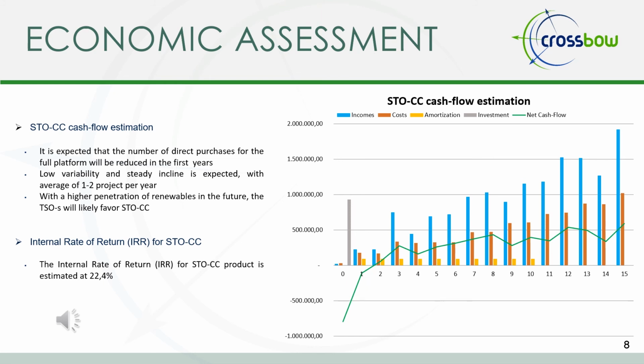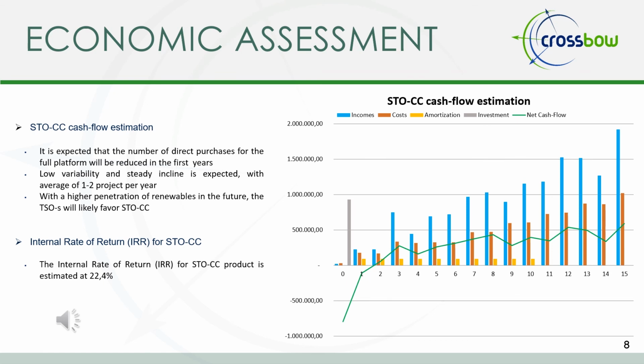This cash flow estimation is also backed up by the assumption that with a high penetration of renewables in the future, which due to their intermittent nature tend to destabilize the grid, TSOs will favor STO-CC to decrease congestion and increase grid stability.